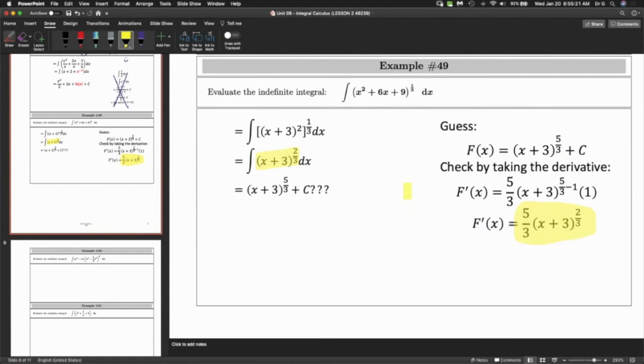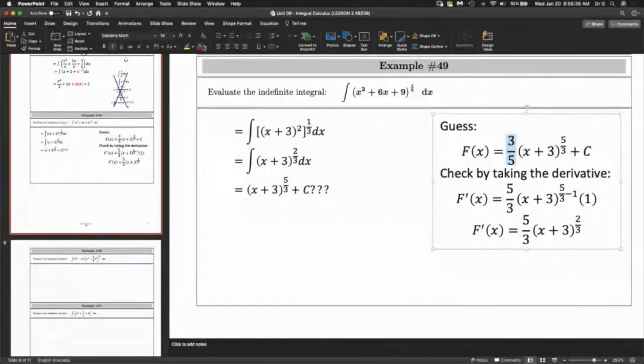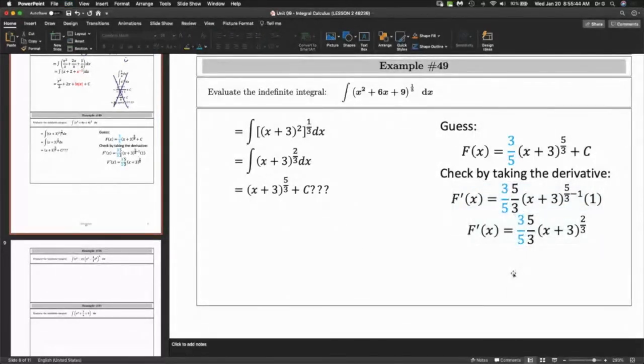So how do we remedy that? Well, the fix is really easy. We did lots of these last week, but that doesn't matter. I'll show you more. The fix is right here. You put 3/5 in front. So you adjust the guess. Thank you, Ethan. Let's put some colors here. So we put a 3/5 there. And then that 3/5 carries all the way down.